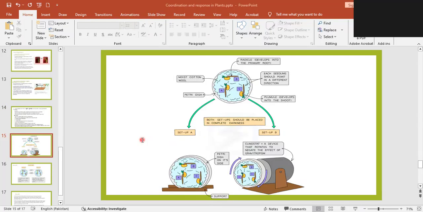In A, if you see in A1, the direction of the root is downward. In B, the direction of the root is horizontal. And in C, the direction of the root is upward. You have placed the three seeds in different directions, so you can see if there's any change in the bending or the growth of the root.